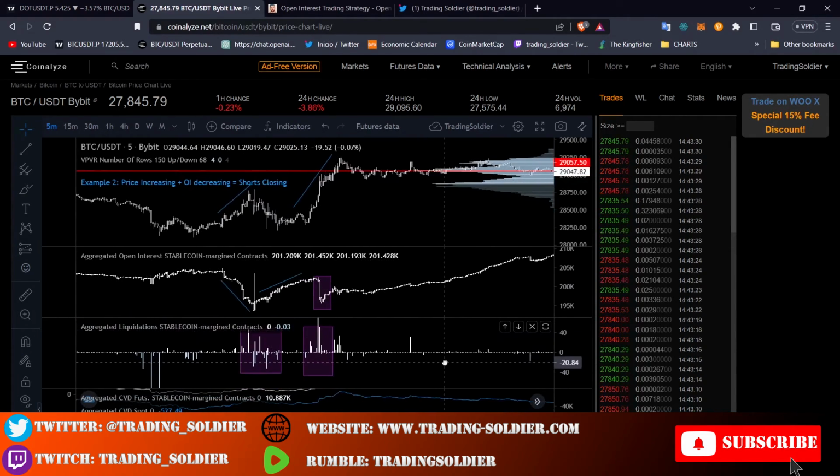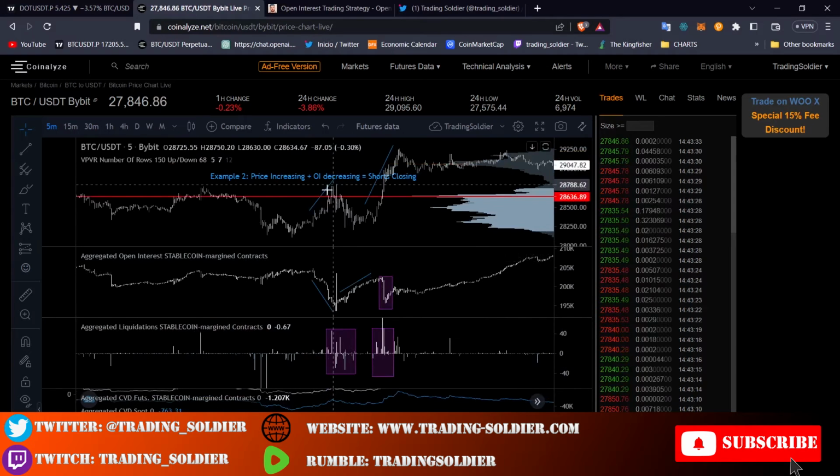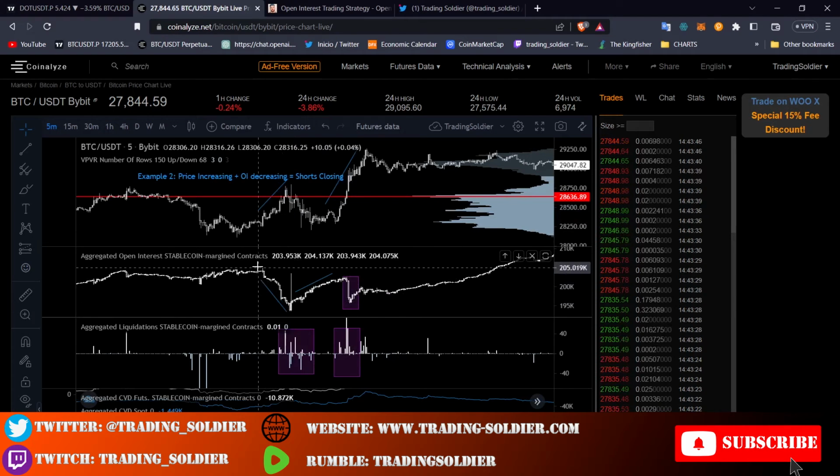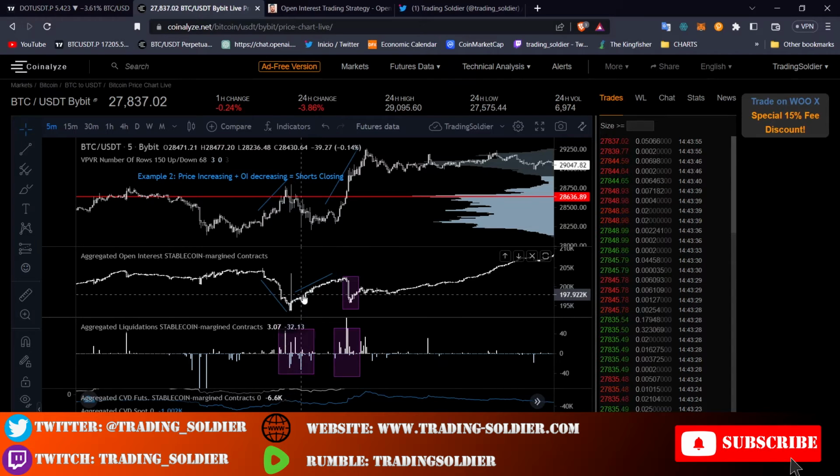So we can assume that the price is hitting those stop losses or liquidation levels, because there are a lot of traders betting that the price of Bitcoin will go down. And we see that after the liquidations, the open interest drops in a big spike, but this is a candle that also can be an error from the data source. And then the open interest begins to rise again.